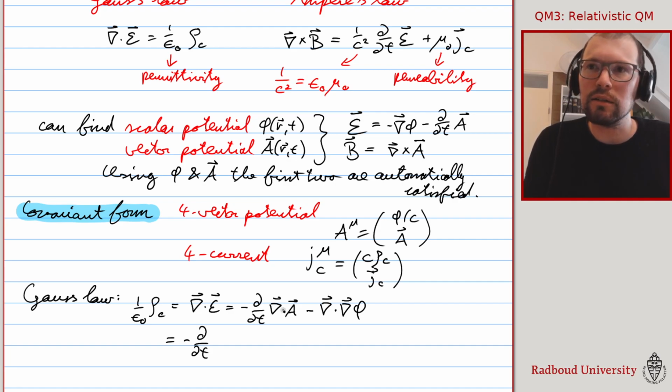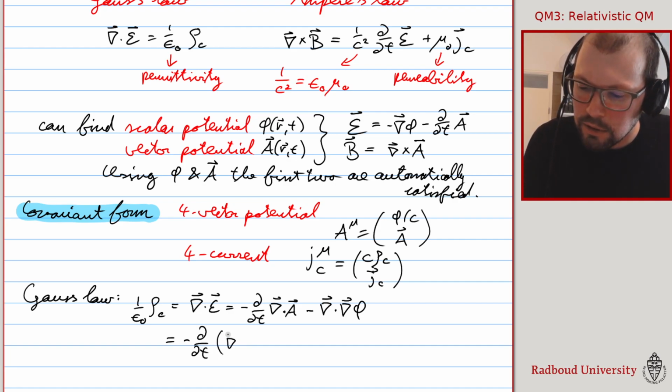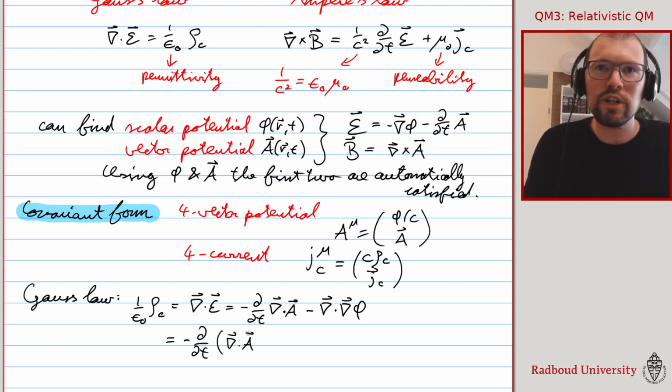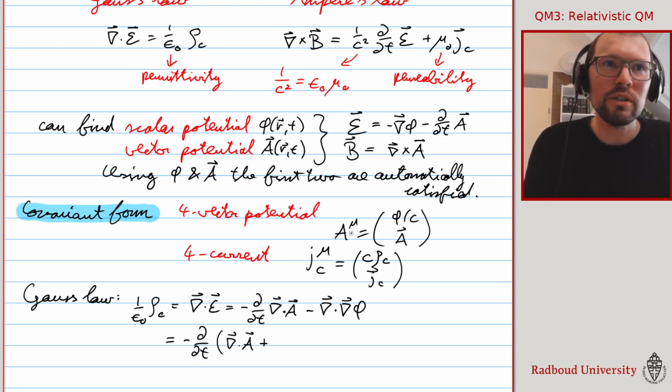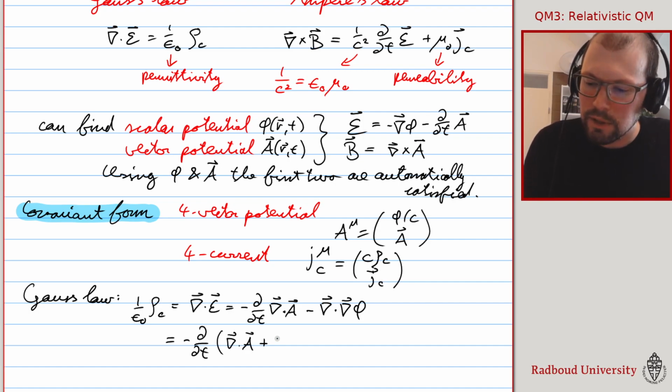So we have to add another term. Let's just simply add it and subtract it again. This is the spatial derivative of the spatial component of the four-potential. So we also want a time derivative of the time component of this potential.